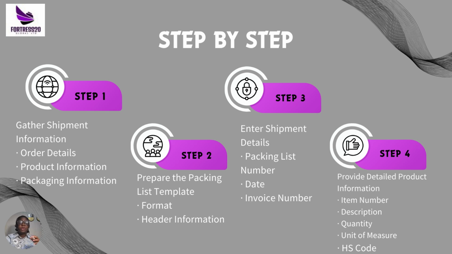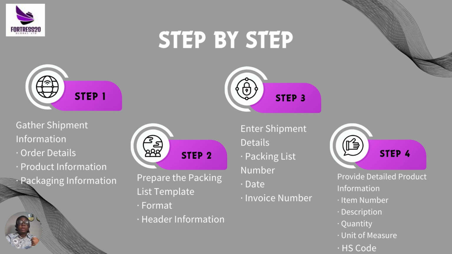The third step is to enter the shipment details, which would include the packing list number. You would have to assign a unique number for each packing list. It would include date, the invoice number, if you have an invoice number for the transaction.